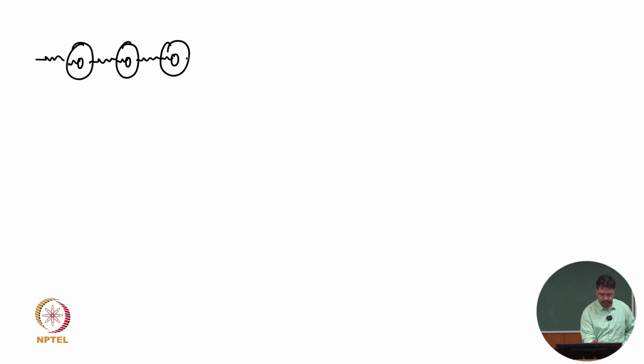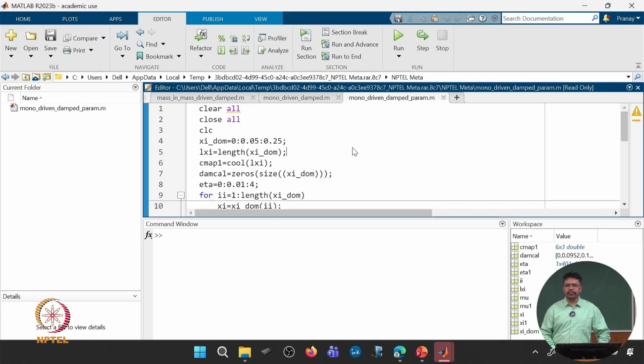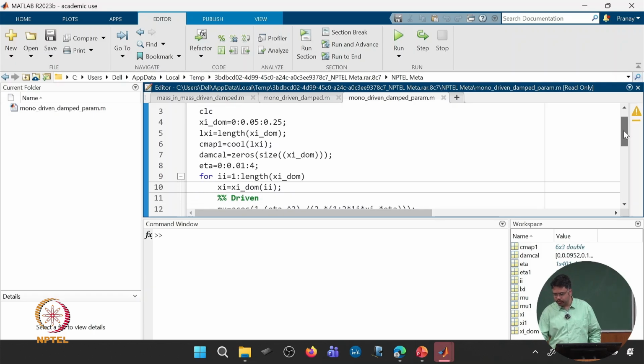Now most interestingly, mass in mass. Here we have damping in between, not only there, here also. In the case of the monoatomic chain, if you make a small code in MATLAB, you can see how things change.